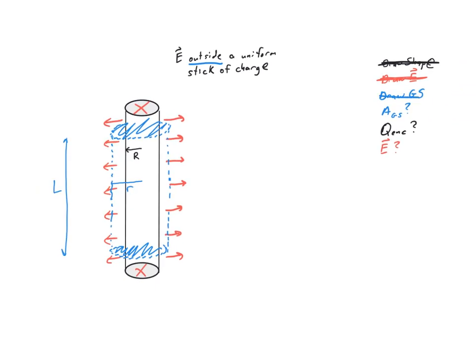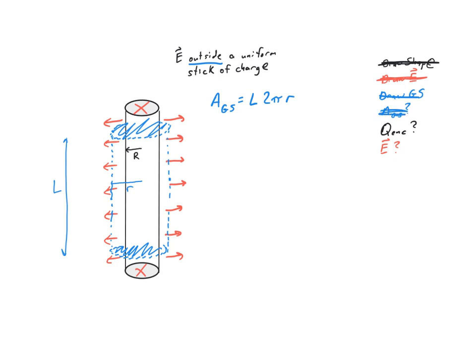What is the area of my Gaussian surface? Note that I'm only doing the area of the sides, not the top and the bottom. Just like in the thin line of charge, the area of that Gaussian surface is length multiplied by 2 pi little r.